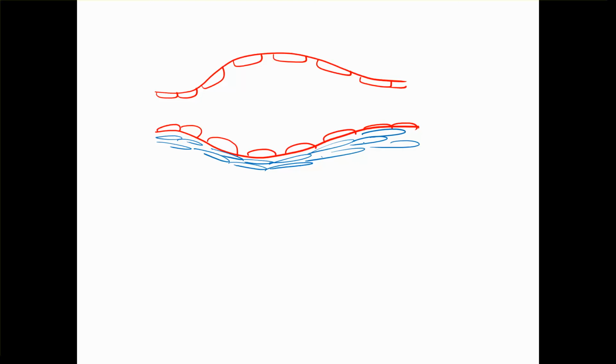So we have smooth muscle cells and mast cells. This is a mast cell which secreted histamine. This histamine acts on the smooth muscle cells. Then it results in vasodilation. This vasodilation causes more blood to come, increasing the volume.